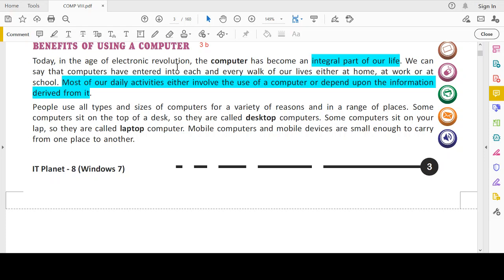Starting from learning something, doing some entertainment, listening to music, watching movies, playing games, or some shopping activities.